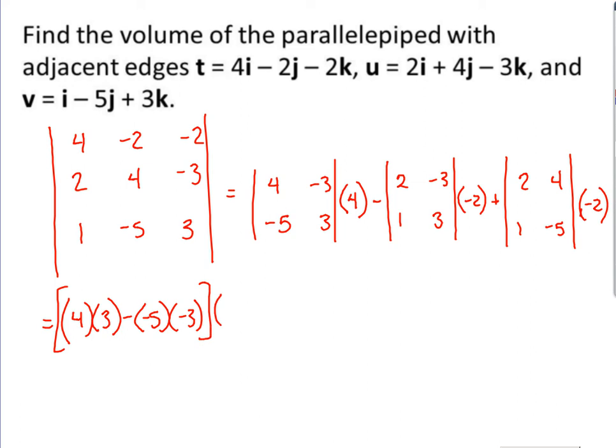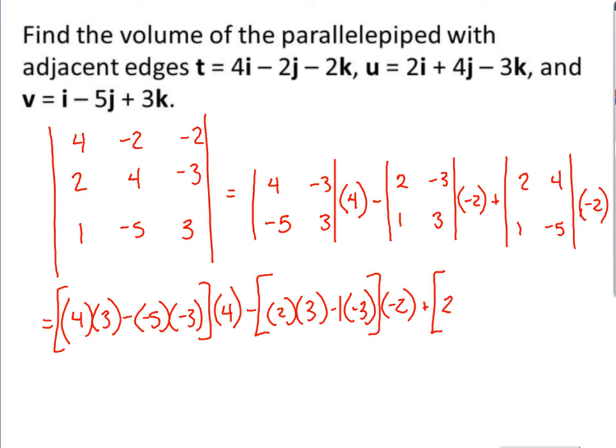And all of that's going to be times 4. Minus 2 times 3 minus 1 times negative 3. And we're going to multiply this by negative 2. Plus 2 times negative 5 minus 1 times 4. And all of this times negative 2.